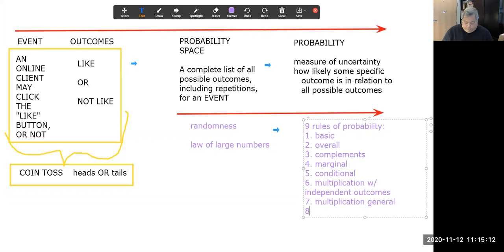And then we have 2 rules called addition rules. Those are the addition rule with disjoint outcomes, and we have the addition rule that is general. And each of these 9 rules employs techniques that allow you to then find the probabilities of different outcomes.